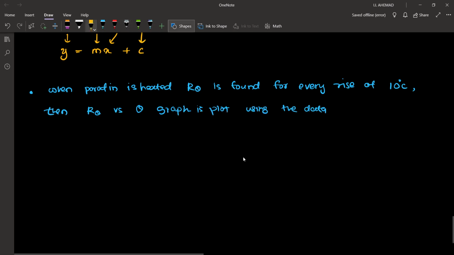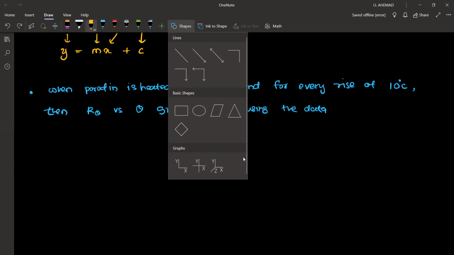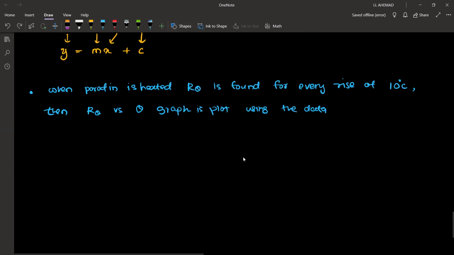So when we plot the r theta versus theta graph from the data points, we will be getting a y equal mx plus c graph. So these are the data points.